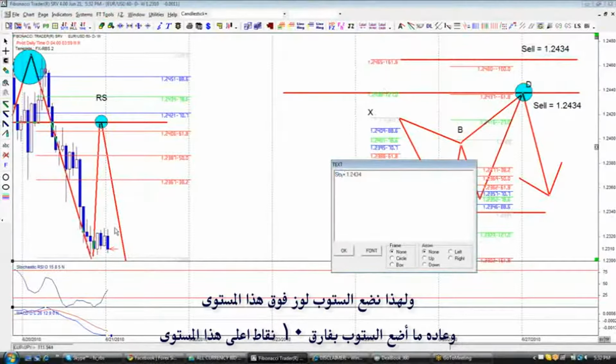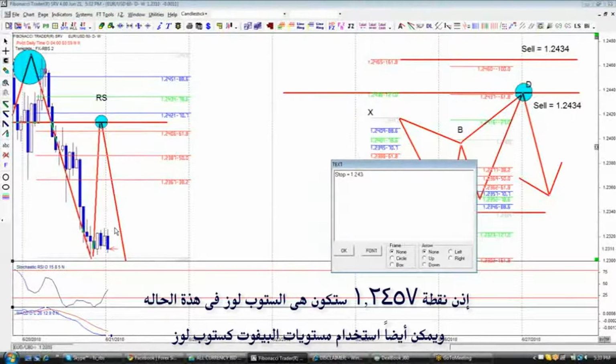And this is why we place the stop above the 1618. Usually I place the stop about 10 pips above that level. So 124.75 will be the stop in this case.